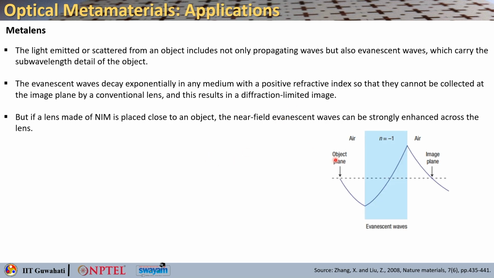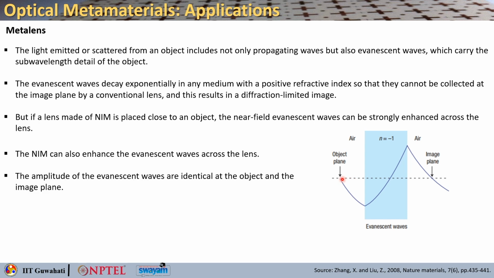But if you think of a lens which is made of this negative index medium and it is placed close to an object, the near field evanescent waves, which were decaying exponentially, now get enhanced, and then further when they decay they come to the same level as they were in the object plane.